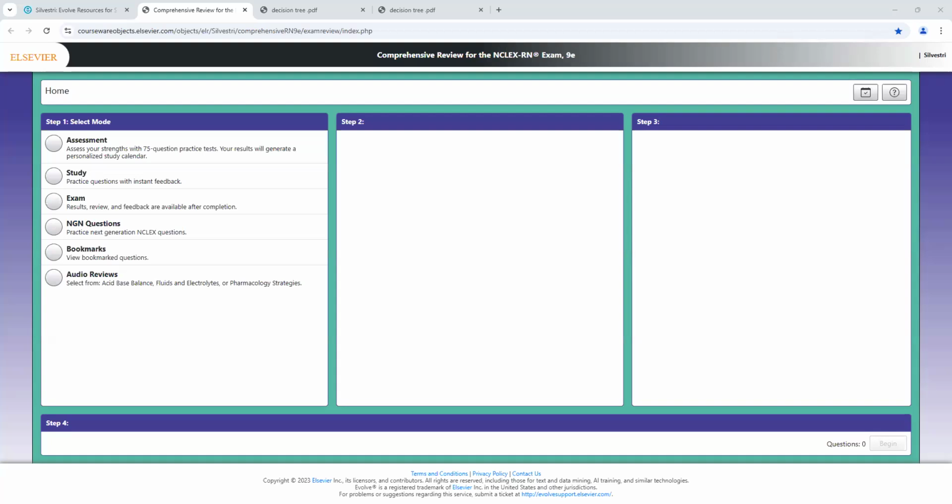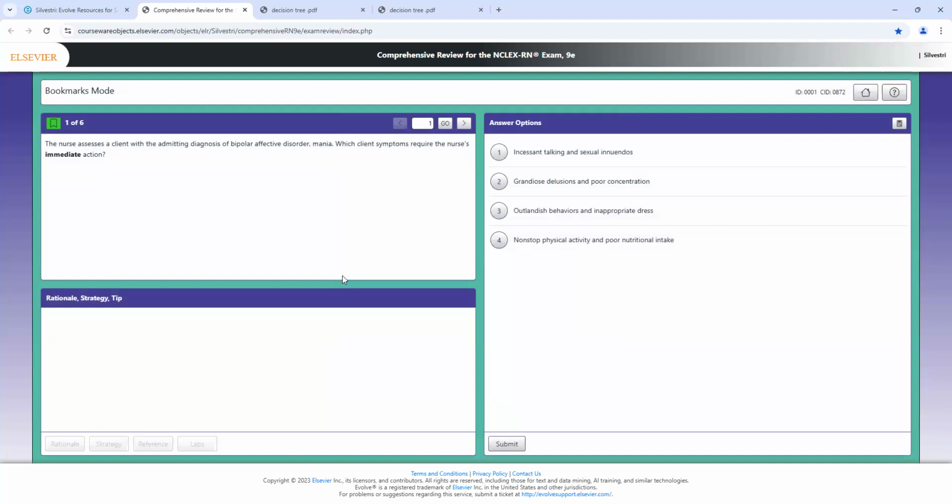I want to make sure I do this right. Uh-oh. There it goes. Okay. I just want to make sure I'm sharing the right thing. Okay. No problem. Okay. So let's go on here, making sure I'm on the RN because I have a PN program as well. Let's go to my bookmarks because I've already saved some questions.